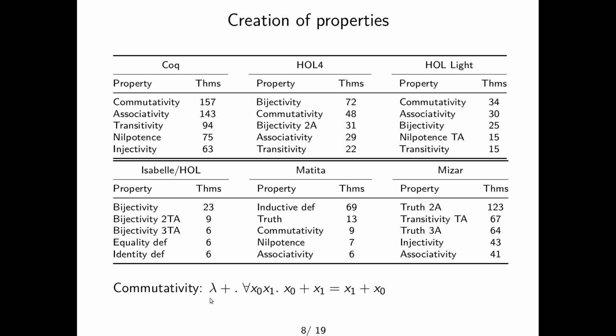So the commutative property here, I've restated here, is lambda plus for x0, x1, x0 plus x1 equals x1 plus x0, as you would expect. But of course, it's abstracted over the plus, so it can be anything for the plus. So this table only shows properties of one constant. They can be properties of multiple constants and also types.